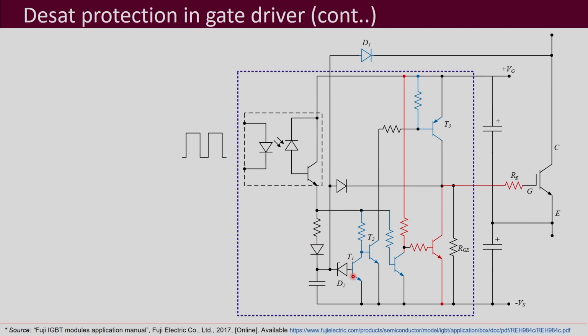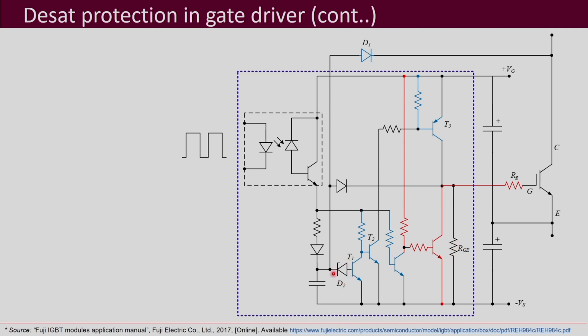You see that there are these transistors T1, T2, T3. Apart from that, there are 2 other transistors. This is PNP and this is NPN. This is a PNP NPN arrangement, that is the totem pole arrangement, which provides the current source and sink capability to drive this gate emitter region.